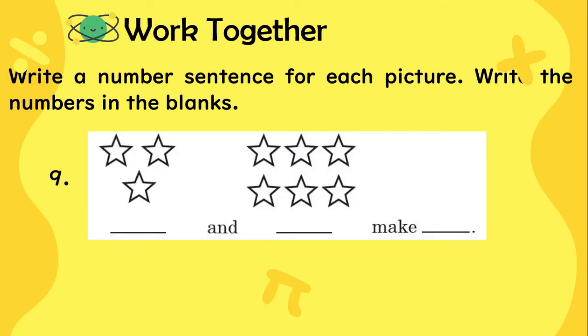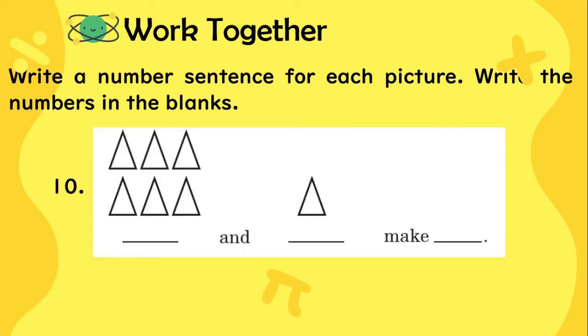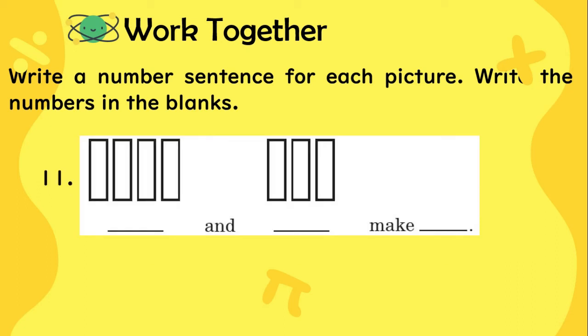For number 9, we have first set 3 stars and the second set we have 6 stars. Very good. So 3 and 6 makes 9. For number 10, first set we have 6 triangles and the other set we have 1 triangle. So 6 and 1 makes 7. Very good. And for number 11, first set we have 4 rectangles and second set we have 3 rectangles. So 4 and 3 makes 7.